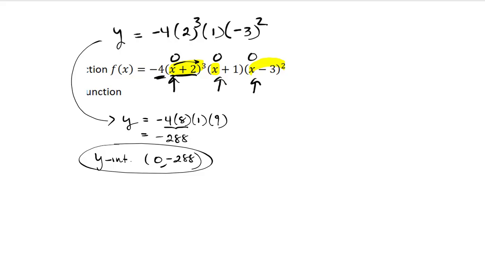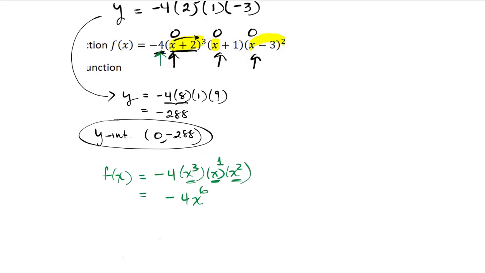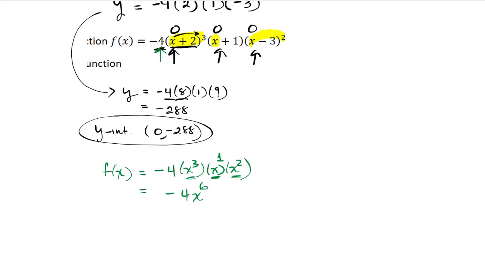Hence, we basically end up having a function whose leading term is going to be -4 times an x to the third times an x squared, which turns this into -4x raised to the power of 6. Remember, when we multiply expressions of the same base, we add their exponents. That is the product rule of exponents.